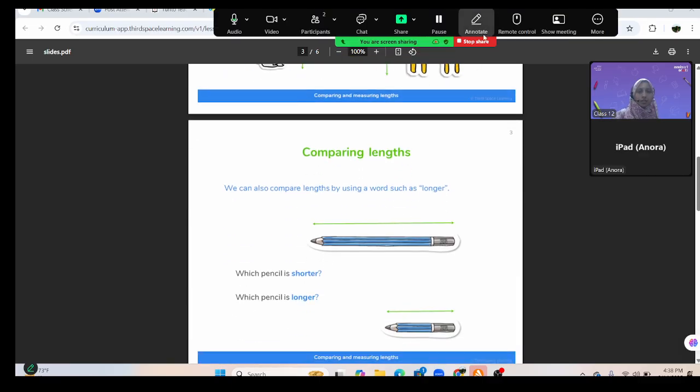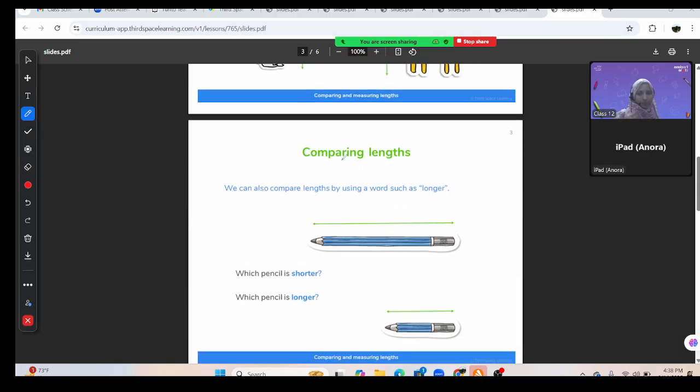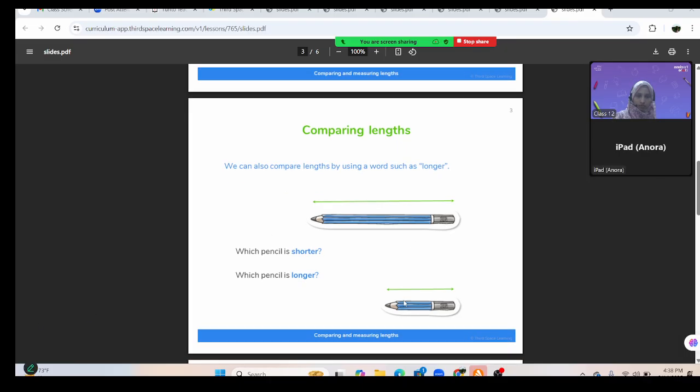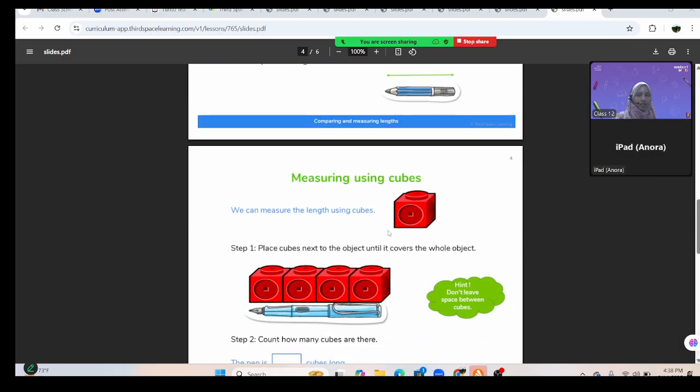First, we are just taking simple examples here. Also, which pencil is longer, the upper one? Yes. So longer means its length is more than this pencil, right?